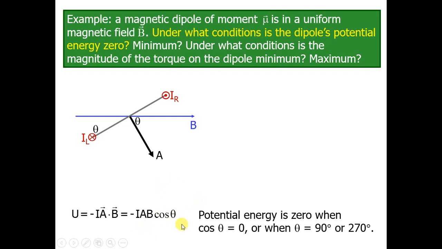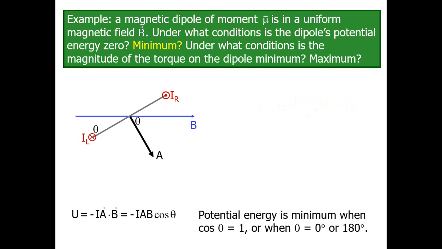So whenever cos theta is 0, theta is 90 or 270. At theta equal to 90, the forces I L and I R are in the same direction, so the net potential is 0.